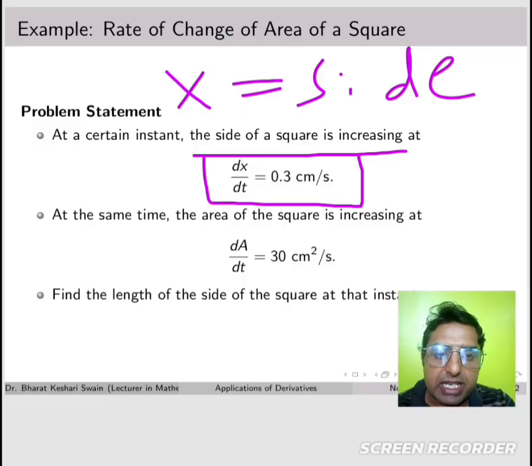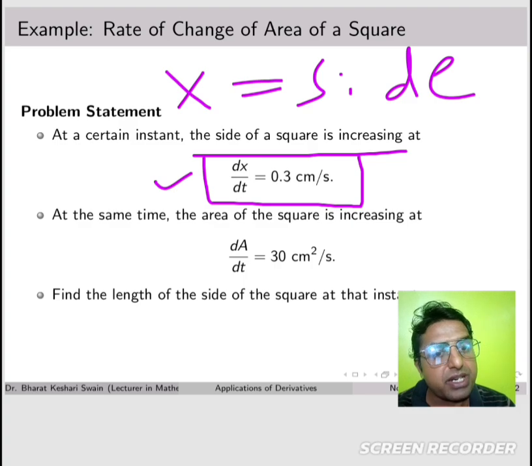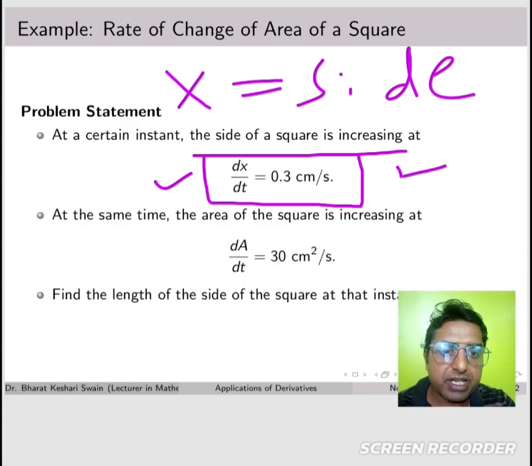So it is denoted by dx by dt. So the side of a square is increasing at 0.3 centimeter per second. So we can denote it as dx by dt equal to 0.3 centimeter per second.